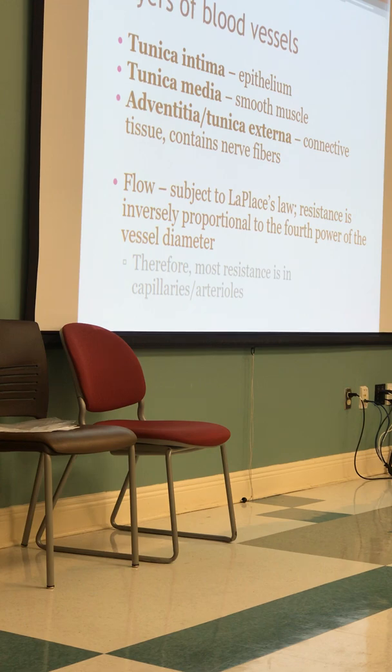Layers of the blood vessel: the epithelium, the outermost layer, the intima, the media, the inside, and the adventitia, the connective tissue, and nerve fibers. Okay. Laplace's law says resistance is inversely proportional to the fourth power of the vessel diameter. It says the smaller the vessel is, the harder I have to push. That's what Laplace's law says.